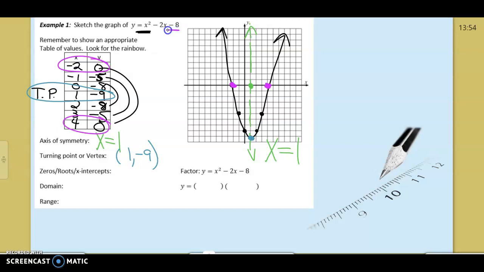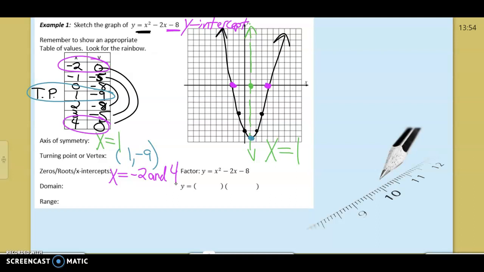That's actually the y-intercept. That was where it crosses the y-axis. So that was still in the equation like it's always been for our linear equations and our exponential equations. But for this, we're talking about an output of 0. So the x values were 2 to the left, -2, and 4 to the right, so -2 and 4.